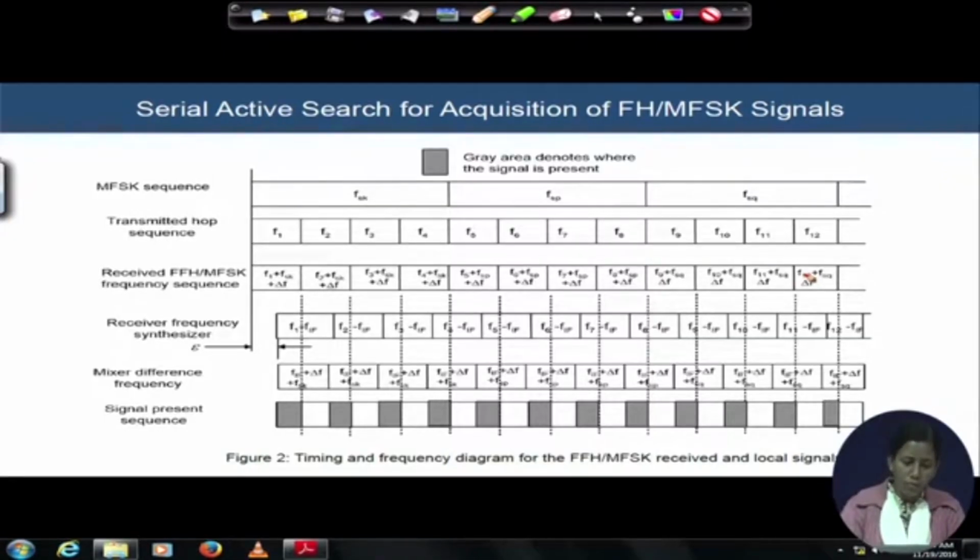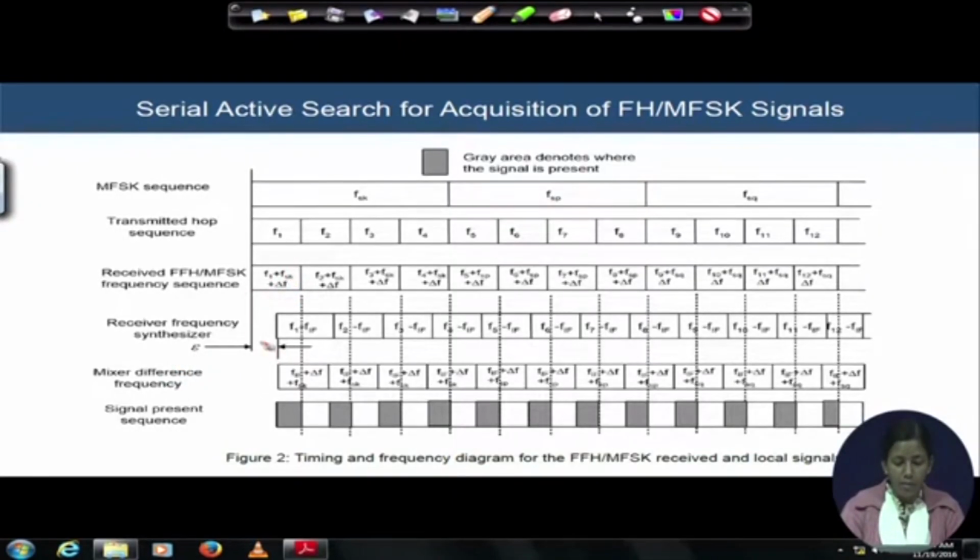We also assumed that the local frequency synthesizer of the receiver is not properly time matched with the transmitter frequency synthesizer, and hence there is a time error associated with it. So this diagram completely talks about the time error given by epsilon, and the frequency error given by the Doppler.